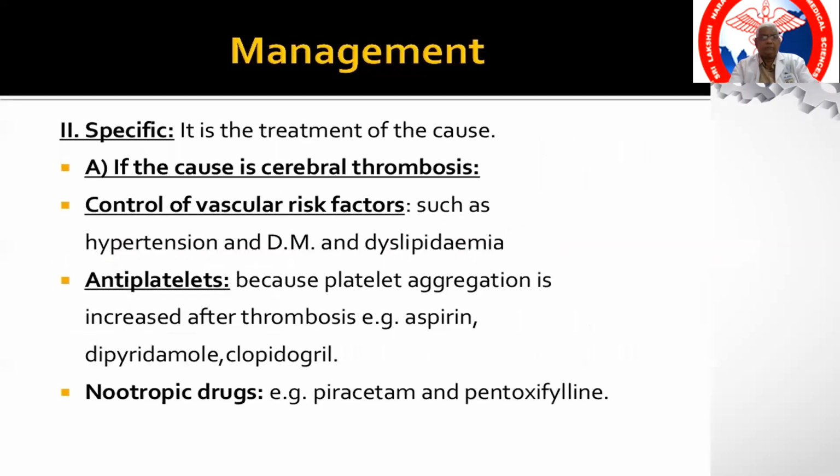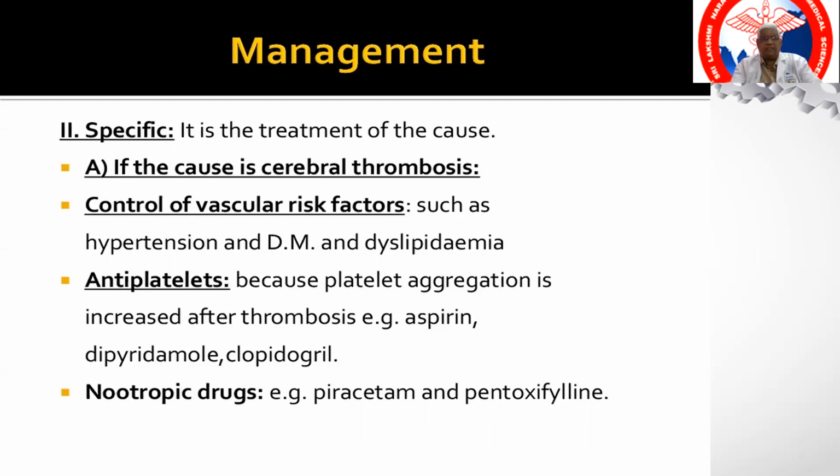Specific treatment of the cause. If the cause is cerebral thrombosis, control vascular risk factors such as hypertension, diabetes and dyslipidemia. The regular drugs should be given: antihypertensives, antidiabetic insulin, for dyslipidemia atorvastatin, and clopidogrel in the required doses.